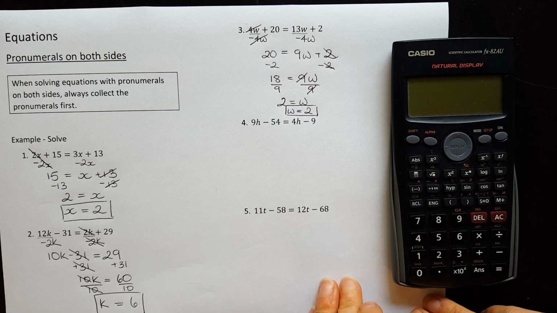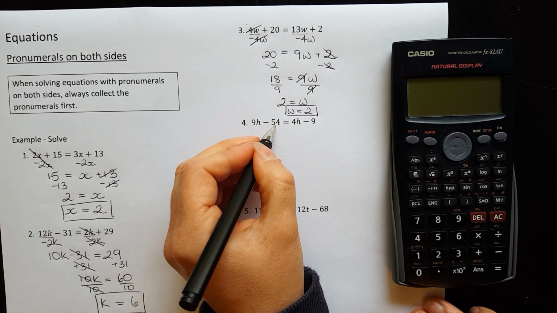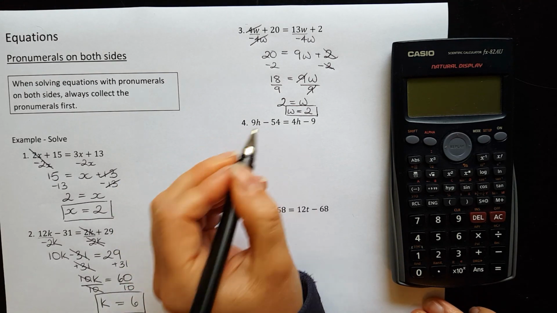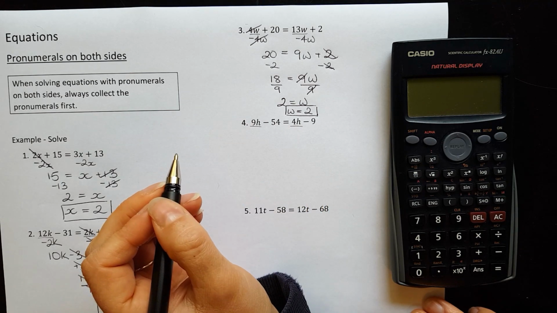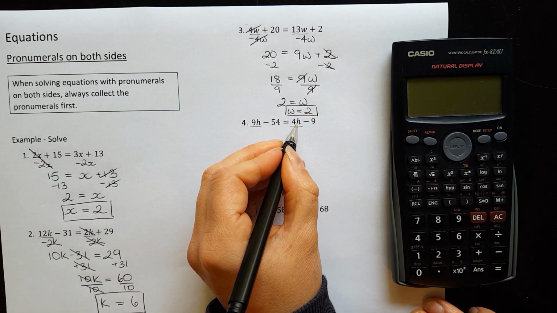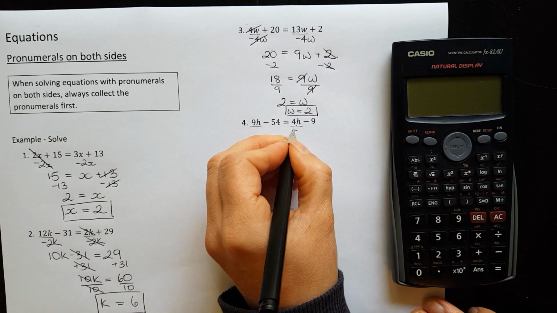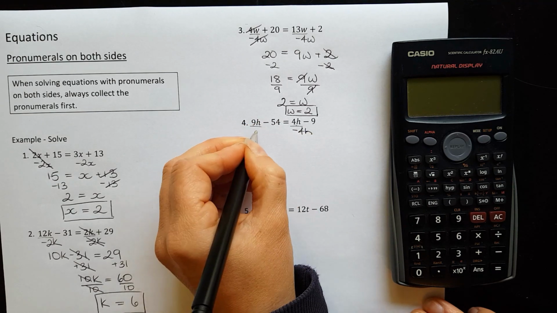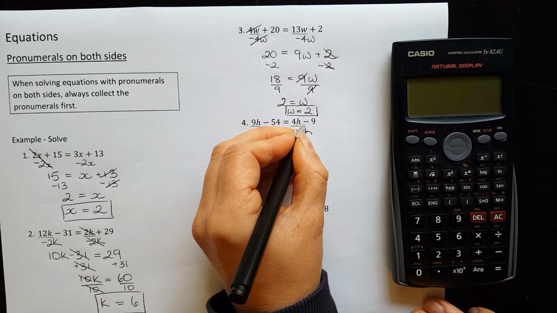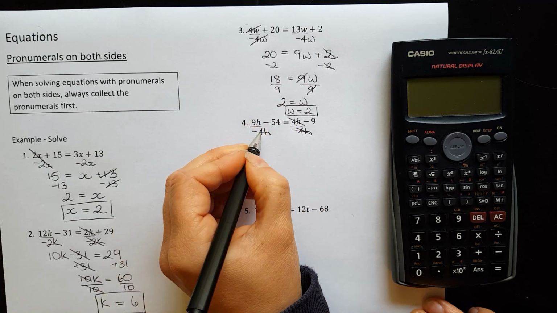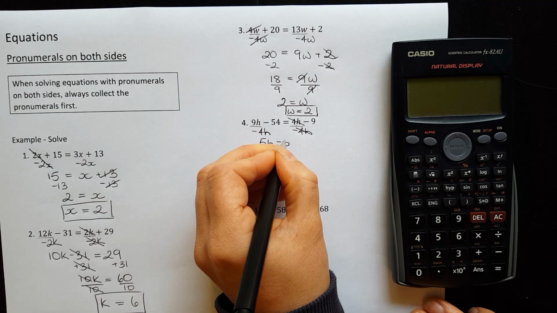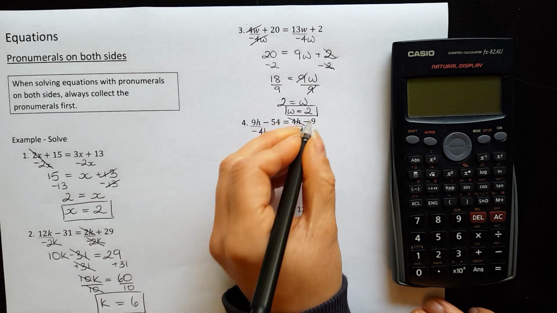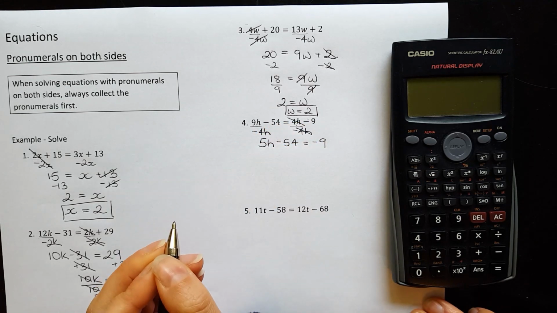Question 4, 9h minus 54 is equal to 4h minus 9. 9h and 4h are our two terms. 4h is smaller, so let's move it. Minus 4h from both sides. Gets rid of that. 9h minus 4h is 5h, minus 54, is equal to negative 9.